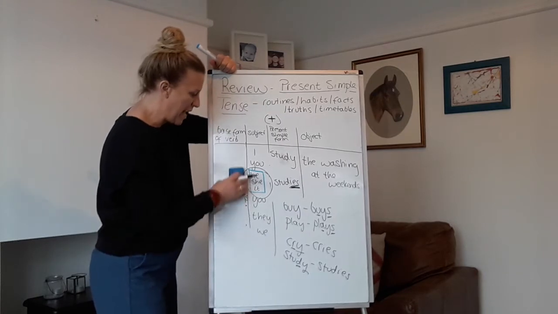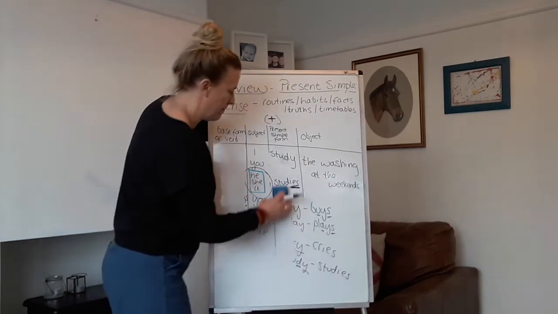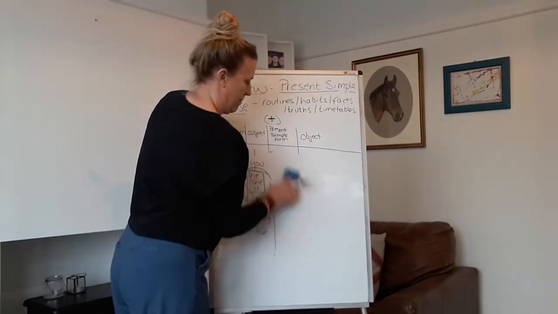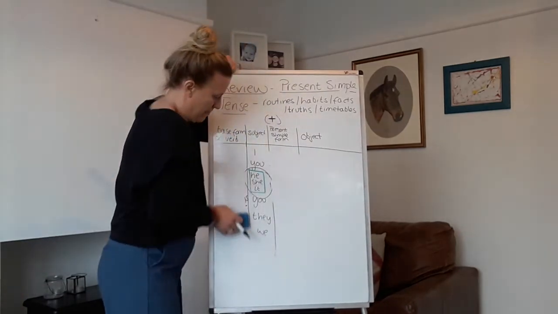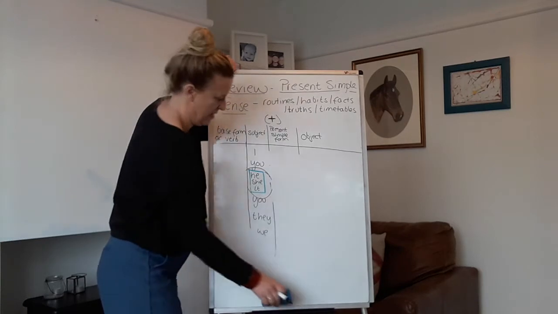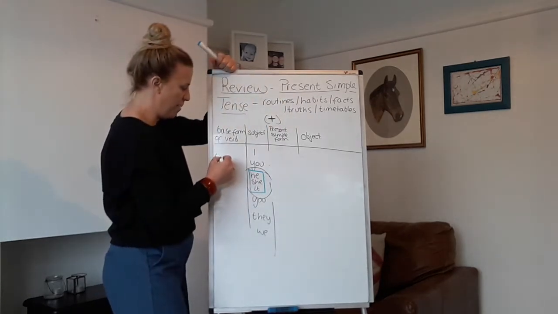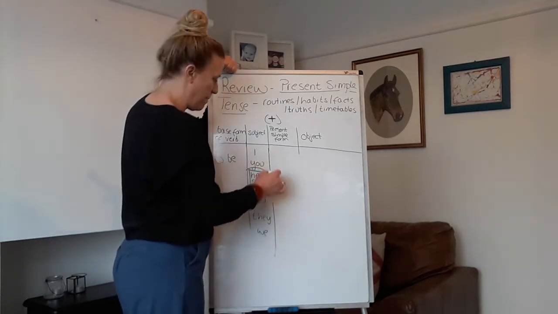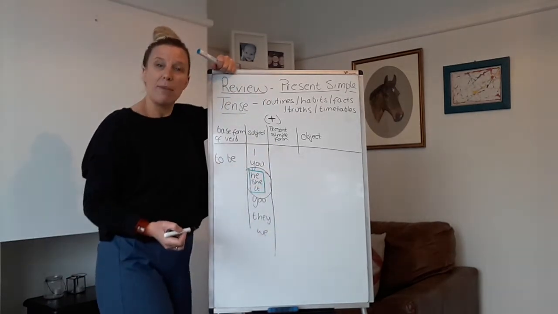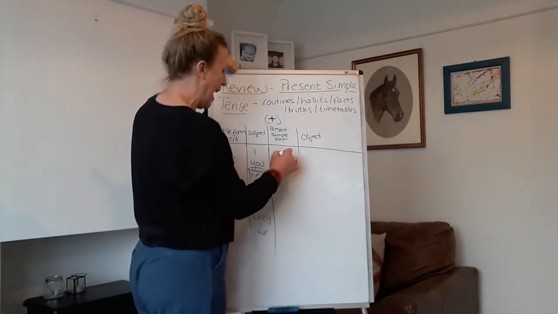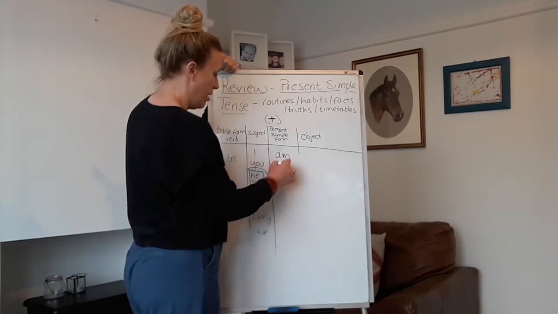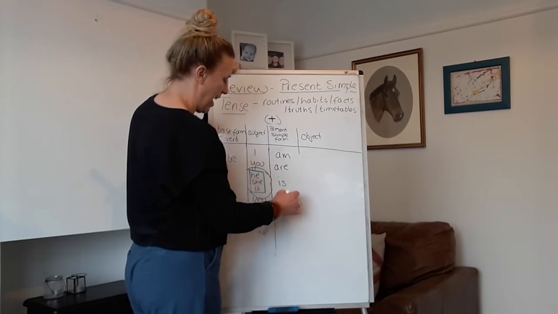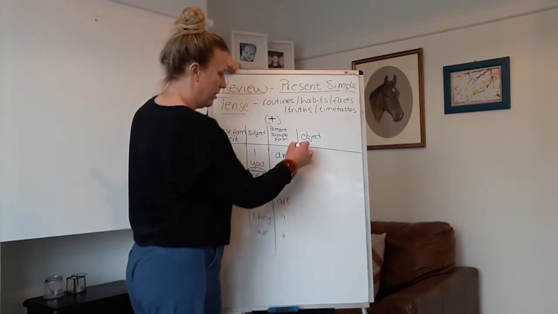What happens with be? So with the verb to be, it's a little bit different, isn't it? What happens with be? Can we remember? So it becomes I am, you are, he, she, it is, you are, they are, we are.